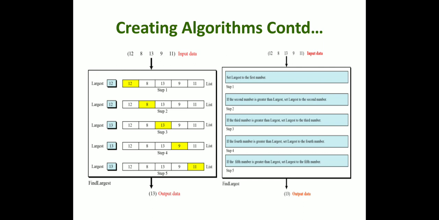If it is high, it replaces. 12 is compared with 8, it is low, so it remains 12. 12 is compared with 13, it is high, so the largest number is replaced with 13. 13 is compared with 9, so it remains 13 since 9 is low. Then 13 is compared with 11, still less, so it continues as 13. This is the proper way to find the largest number within a given set of numbers.